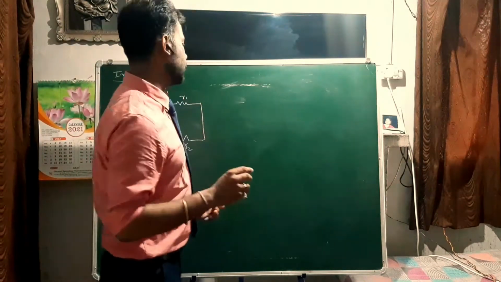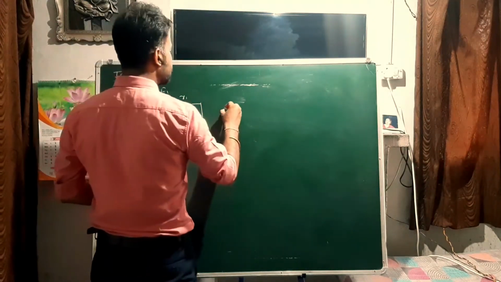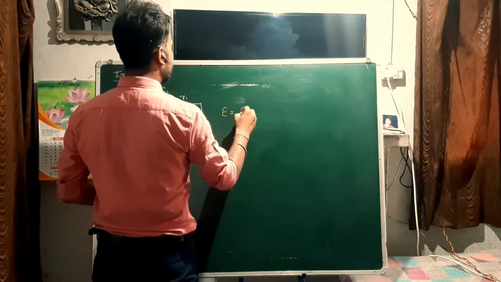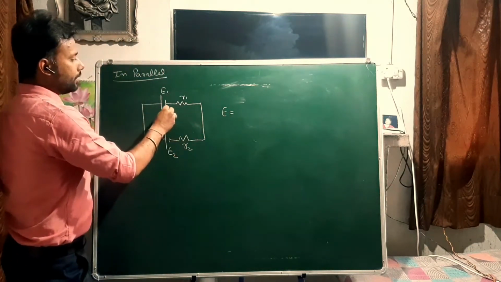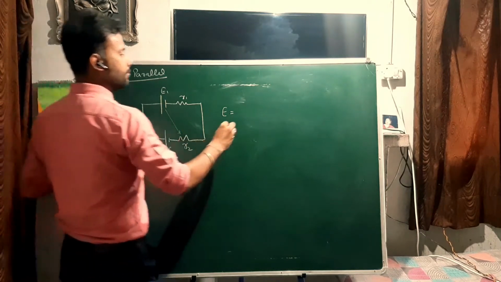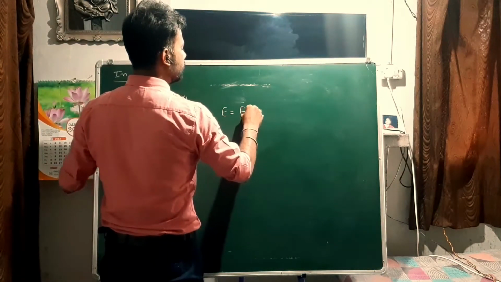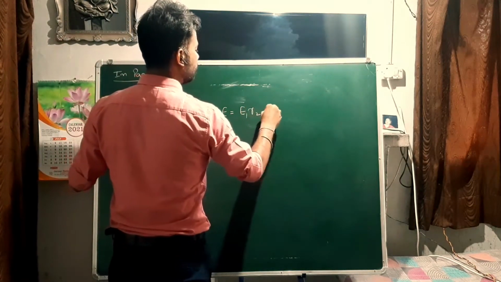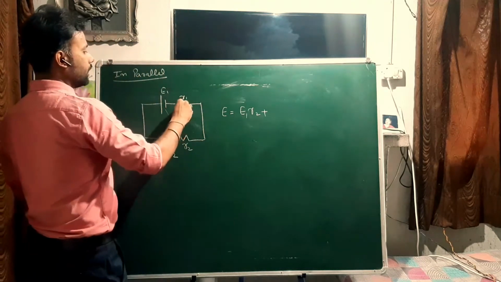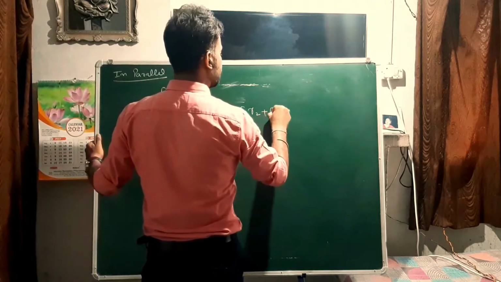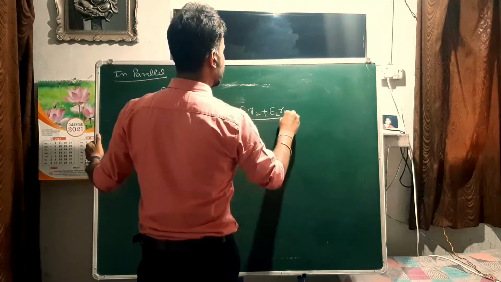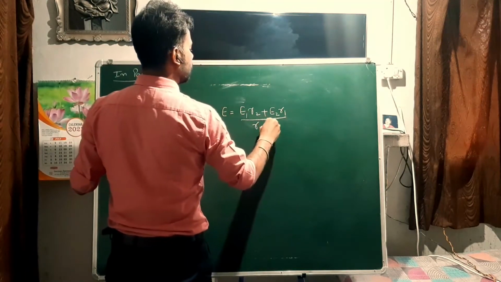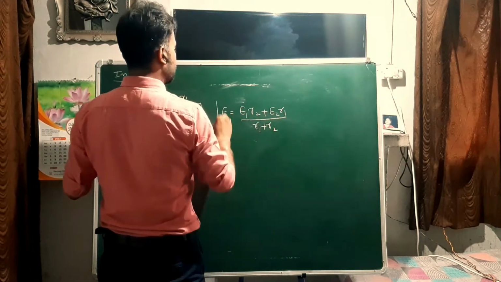What will be E this time? In this case, the equivalent E will be E1 multiplied by R2, that is E1 R2, plus E2 with R1, E2 R1, divided by R1 plus R2.